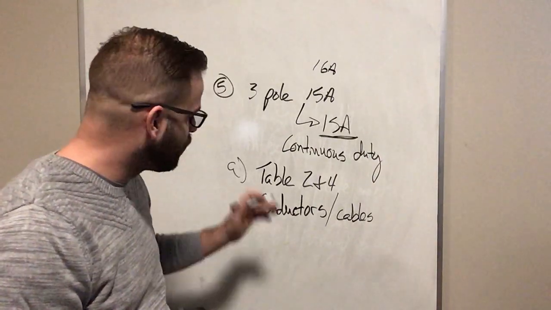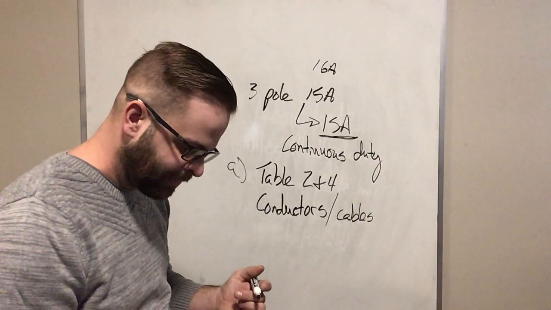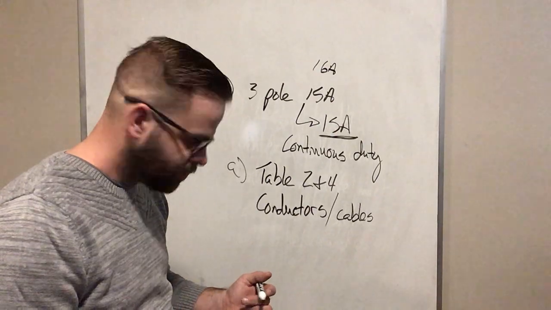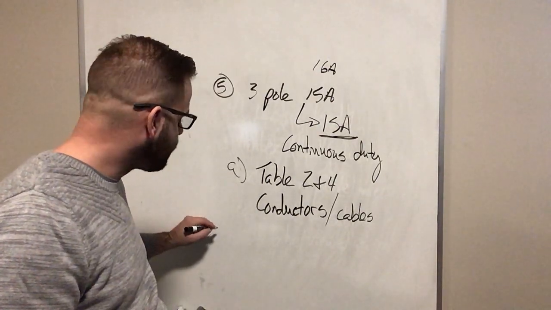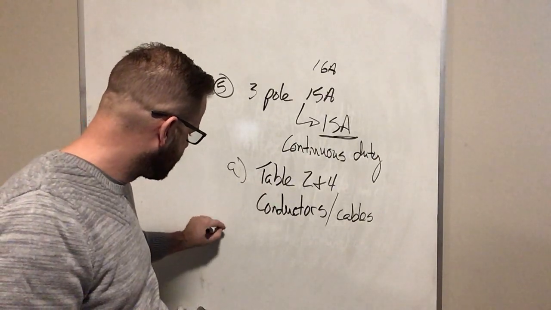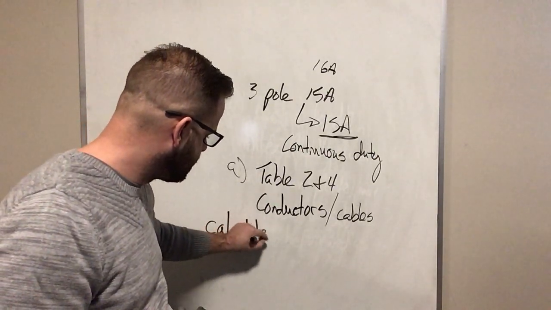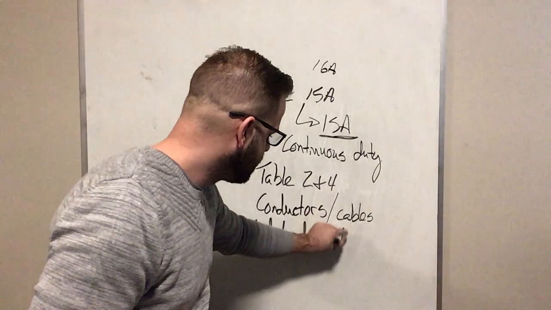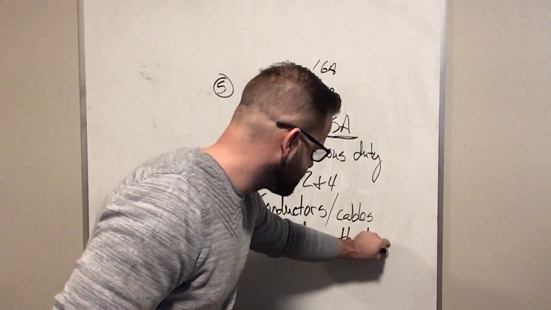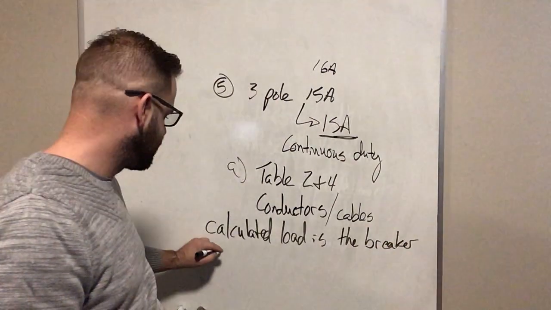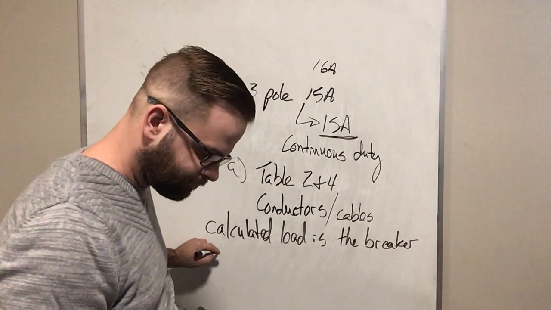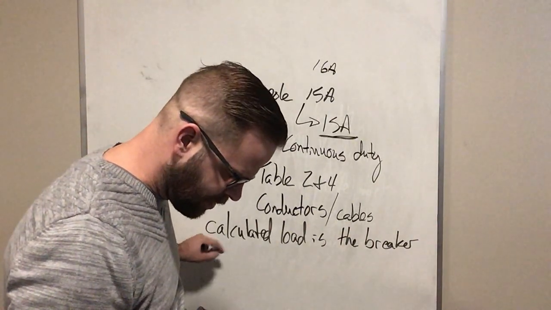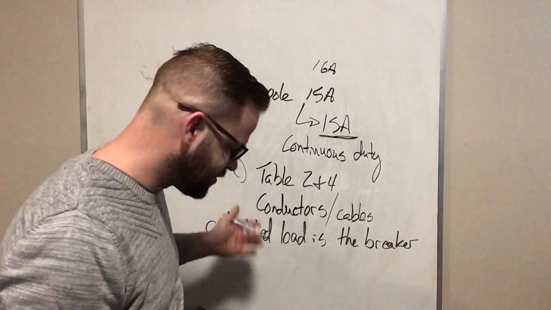So this whole rule basically states that whatever my calculated load is, the overcurrent device or breaker, maybe the other, where a fused switch or circuit breaker is marked for 100%, it's more saying it the other way around.